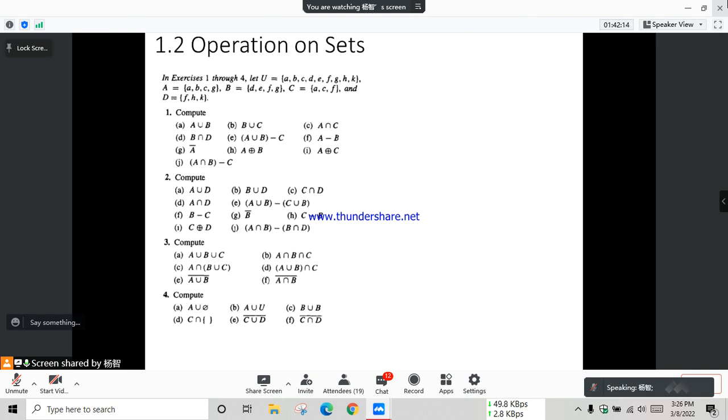Exercise 1 and exercise 3. Everybody do exercises 1 and 3 and upload your answer to the WeChat group.